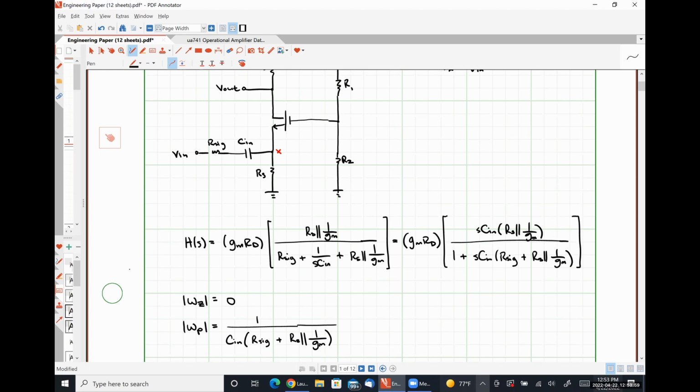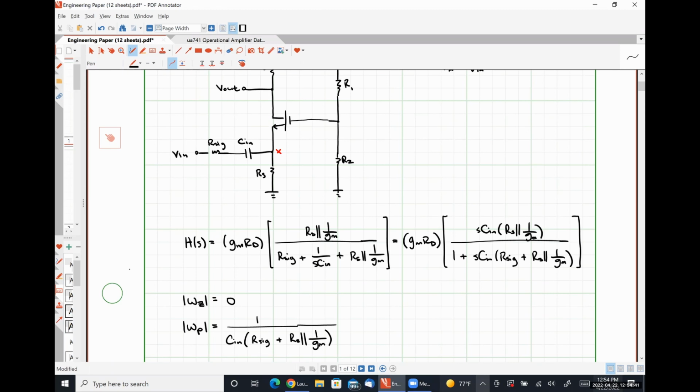If we went back to what we talked about in our high frequency analysis of the common source amplifier, using the Miller effect explicitly to break that feedback capacitance up to a capacitor at the input side and a capacitor at the output side, we could take that transfer function and easily associate a pole with each capacitance as well, okay? So that is one way in which we can analyze these circuits here. Okay, we only have a single capacitor, so it makes sense here that we should have a single pole.